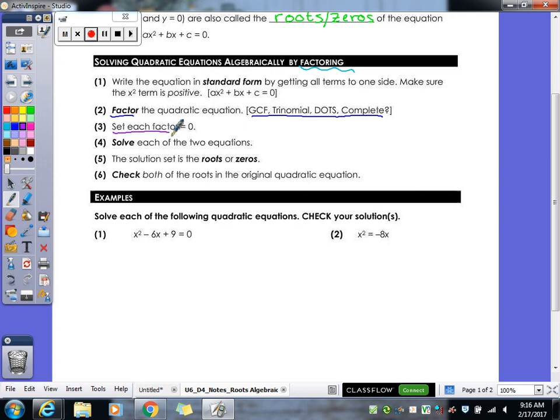Then set each factor equal to 0. This is a number property we've talked about before, but don't often discuss: the 0 property. We'll talk about it when we actually go to use it. You then solve your 2 equations to get your answers, which are also known as a solution set. And then you need to check.